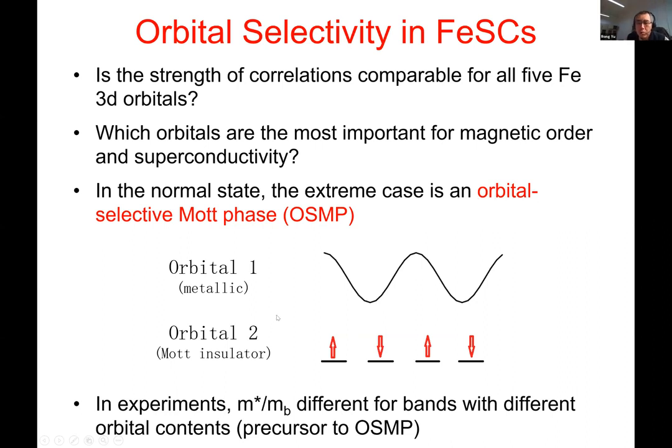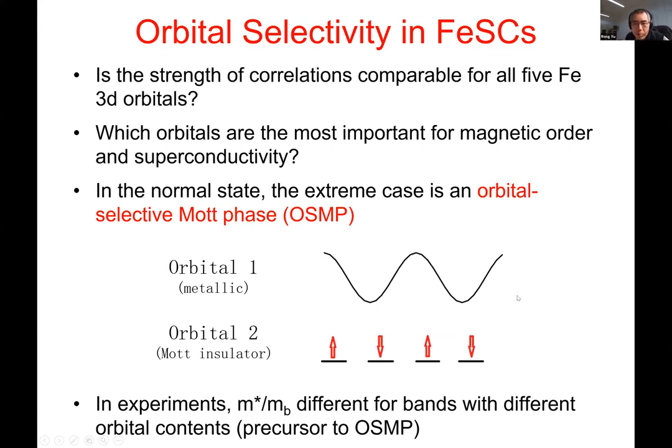In the extreme case, one orbital can be in a metallic phase with itinerant electrons, but the other orbital can be in a Mott insulating phase, where the only active degrees of freedom are the spins, but not the charge. Okay, so we call this an orbital selective Mott phase.